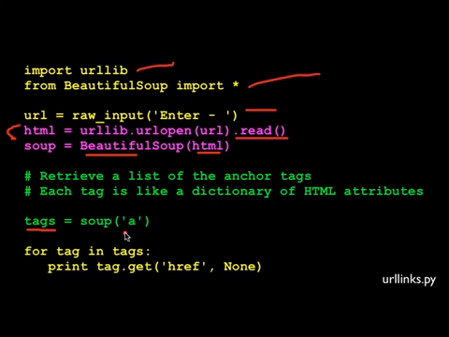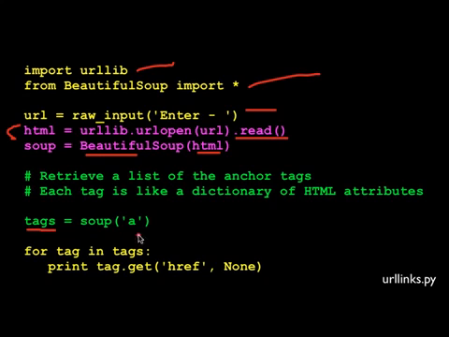Give me the anchor tags, the A tags. If you wanted the paragraph tags, you'd ask for the P tags. If you wanted the UL tags, you'd ask for the UL tags. And so soup, parentheses, quote a quote says, give me all the A tags as a list of tags.